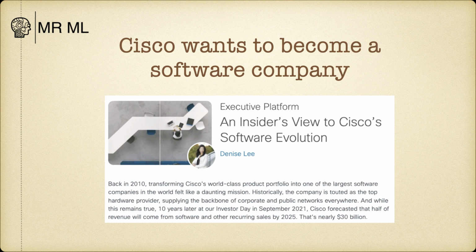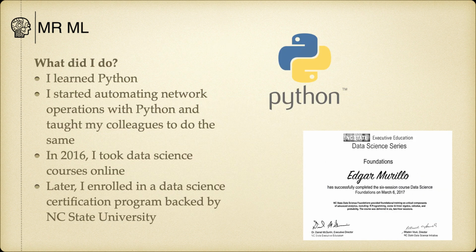So what I actually did is I learned Python, and then I realized that I can use Python to automate some of the network operations that we were doing that were very time consuming. And I said to my colleagues, you know what, guys, if you learn this language, you will find a lot of libraries that can help you to do things much, much faster. And that's how I started into automation.